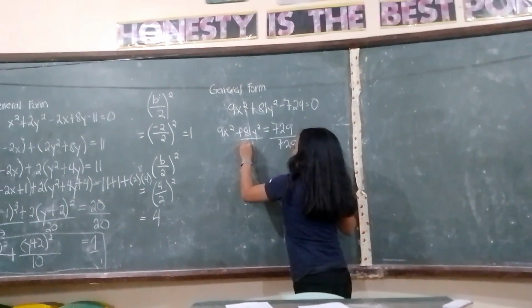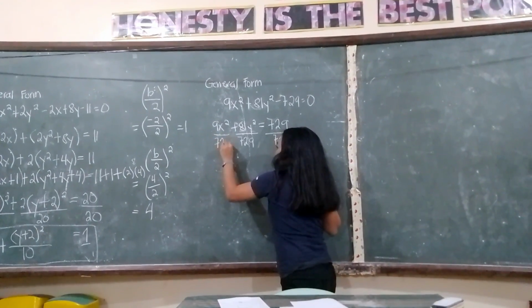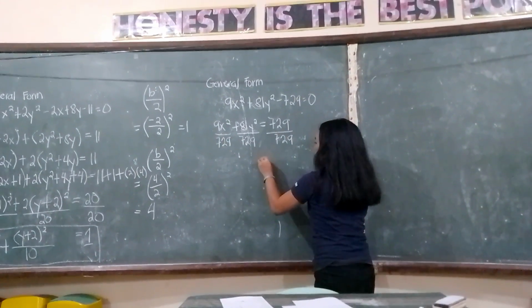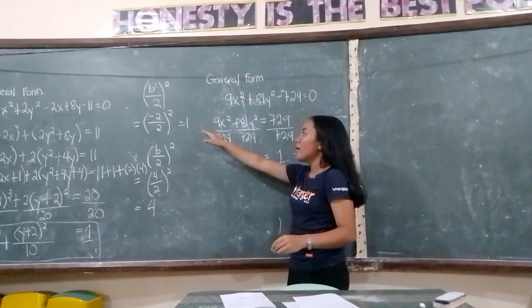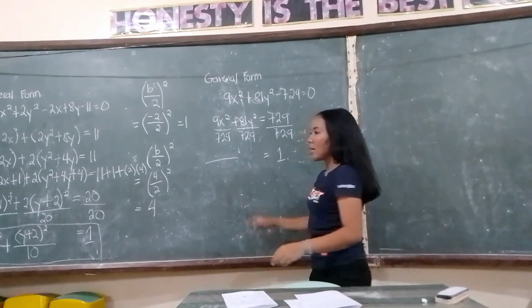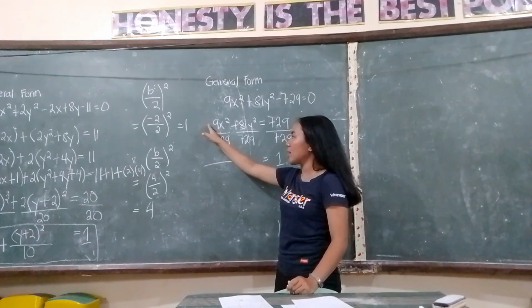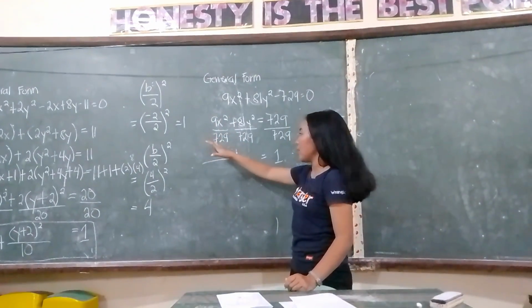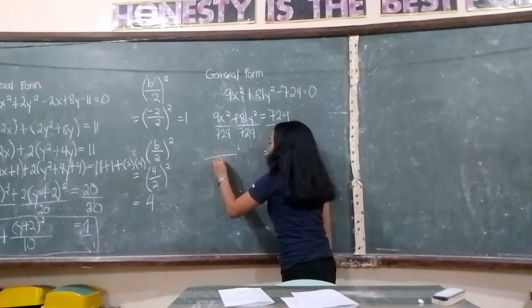So 729 and 729, we have equal to 1, and 9x squared all over 729 can be simplified to the lowest term, or it is divisible by 9. So 729 divided by 9 is 81.